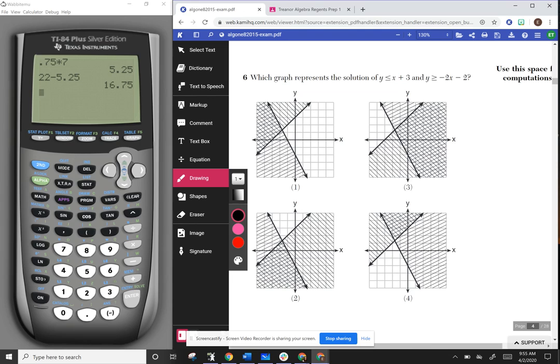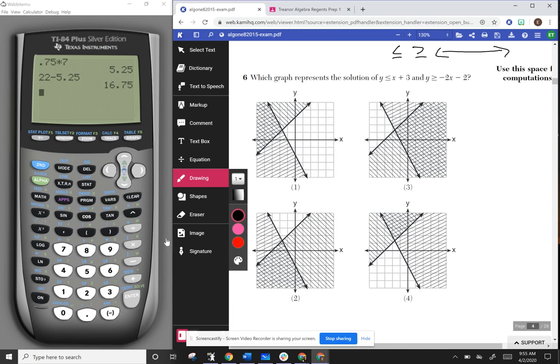6. Which graph represents the solution of y is less than or equal to x plus 3, and y is greater than or equal to negative 2x minus 2? Okay, so one thing that's true about all of these options is that all of the lines are solid, which is one of the first things I usually look for. We know they need to be solid because less than or equal to and greater than or equal to have solid lines.